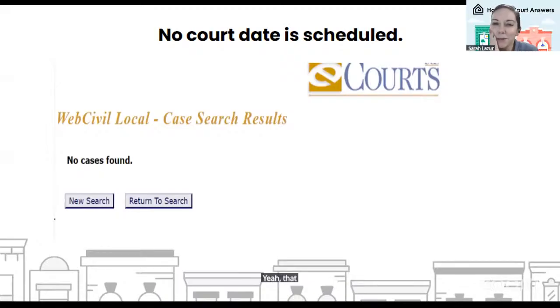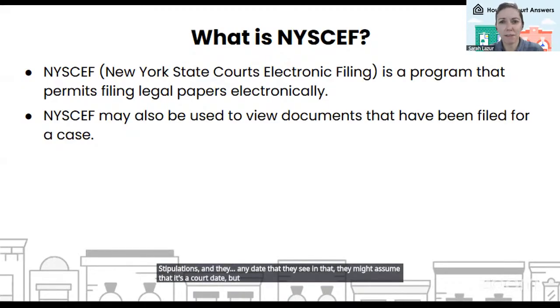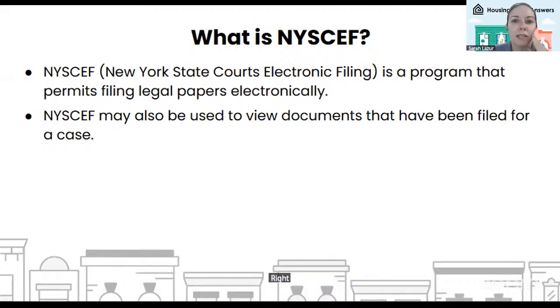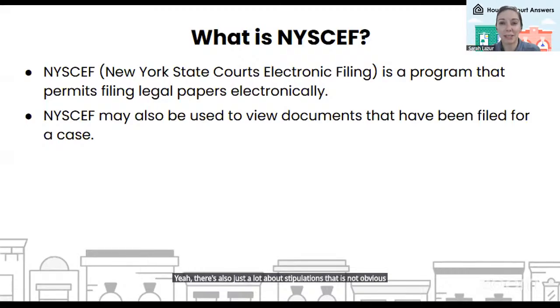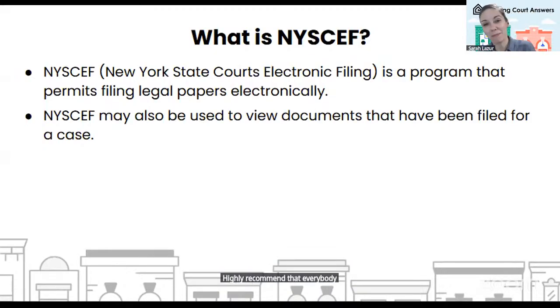That is so common for people to have stipulations, and any date that they see, they might assume that it's a court date, but definitely not. There's also just a lot about stipulations that is not obvious to anybody. And so I would highly recommend that everybody here come to our future workshop on stipulations. That'll be very, very useful to people.